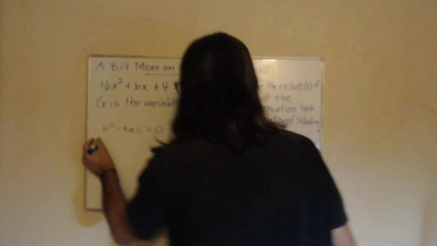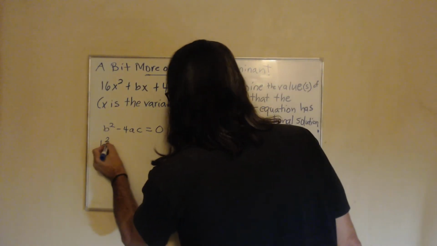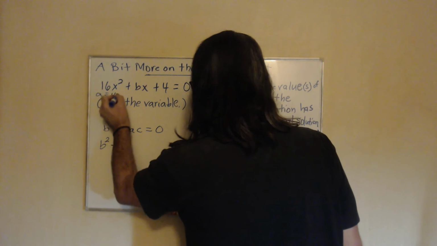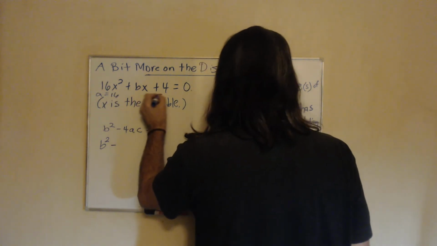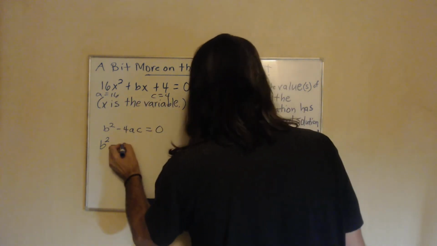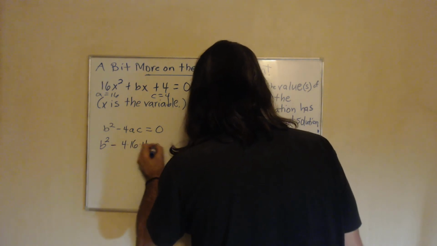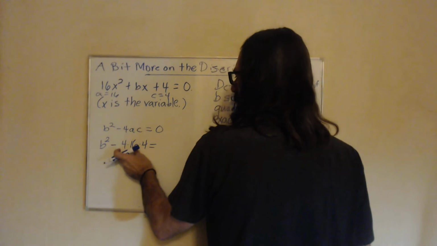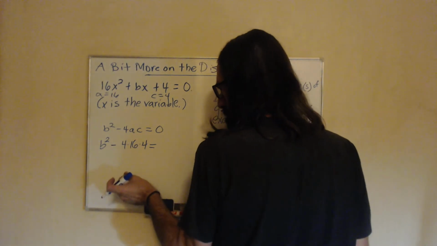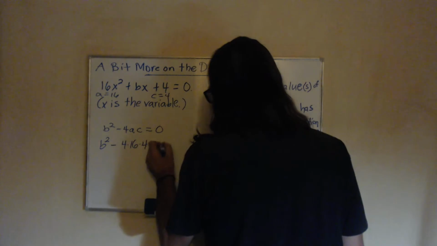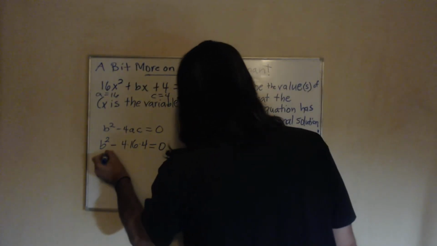Now, I'm going to leave b as a variable here and fill in a equals 16 and c is 4. Four times 16 is 64. 64 times 4 is 256.